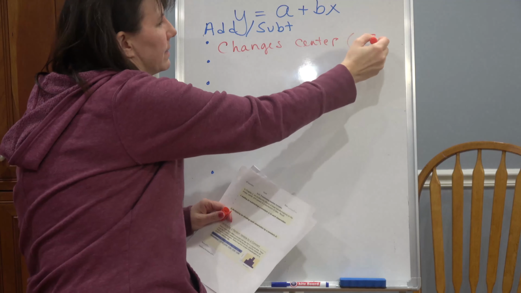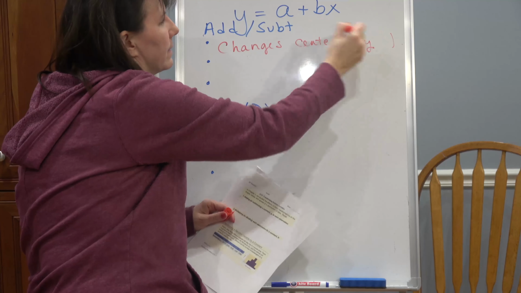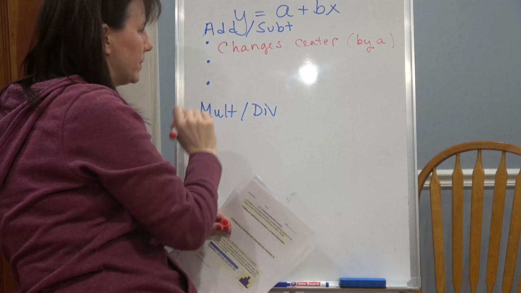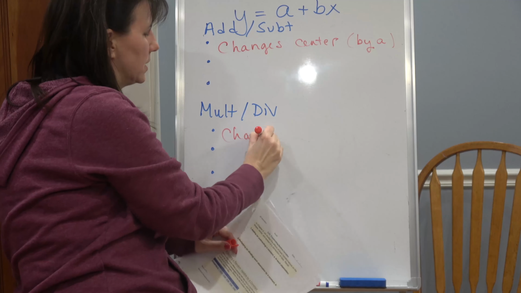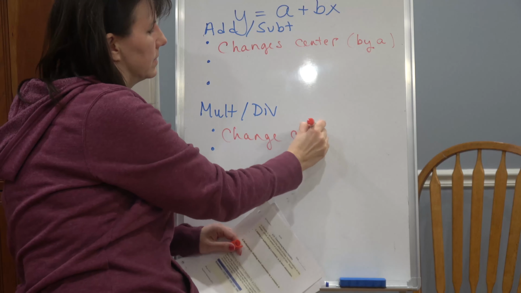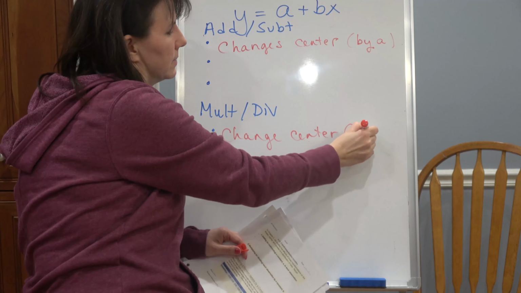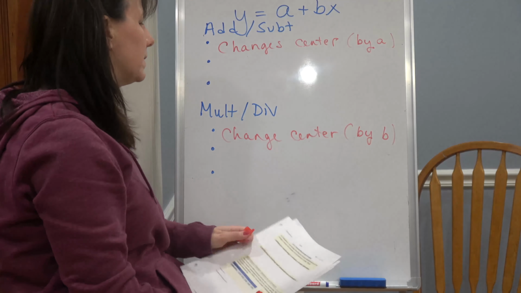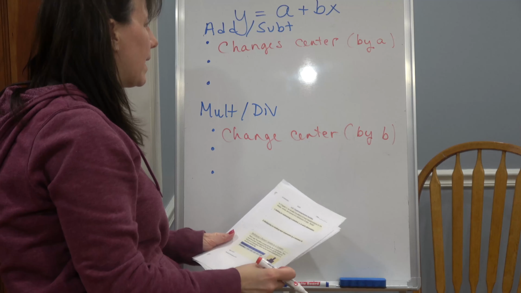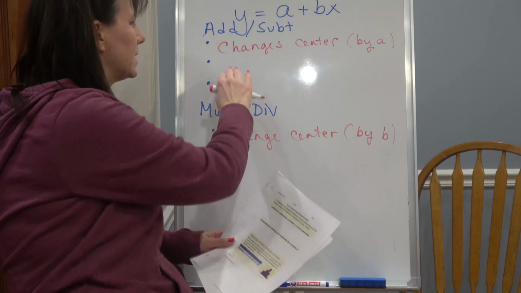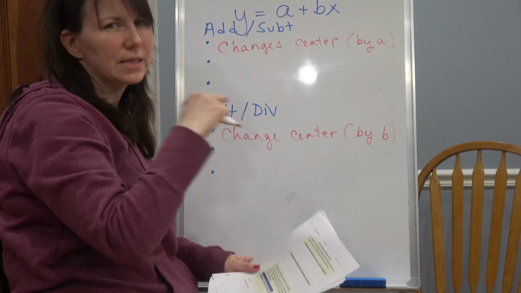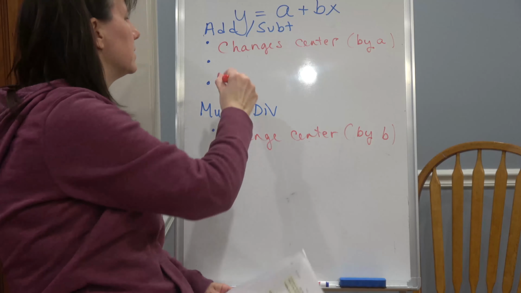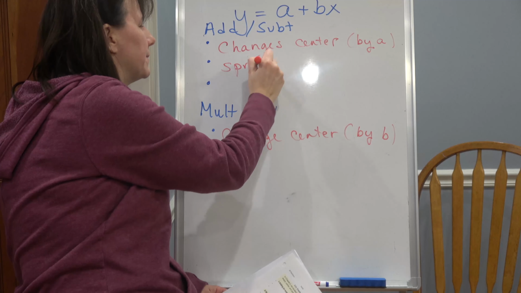We're going to add a. Multiplying, of course, changes the center by b. You multiply the center by b. When you look at spread, we said that adding and subtracting is not going to change the spread. You're just going to shift the distribution left or right. So spread is the same here.